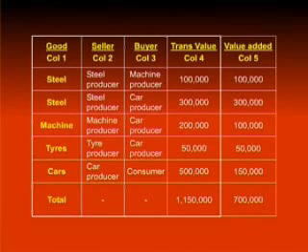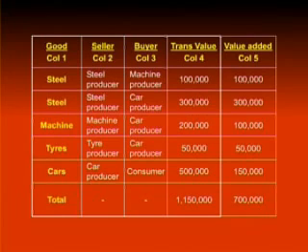The car producer will be using the machine forever. The only two things that the car producer bought and added value to were the steel that he bought from the steel producer for rupees 300,000 and the tires that he bought from the tire producer for rupees 50,000. So the total cost of these two inputs was 350,000.